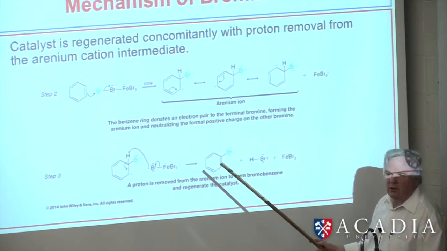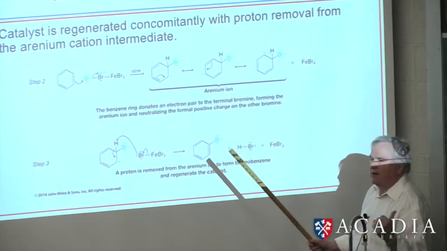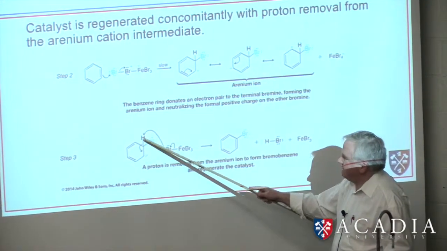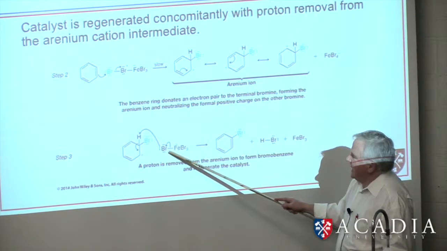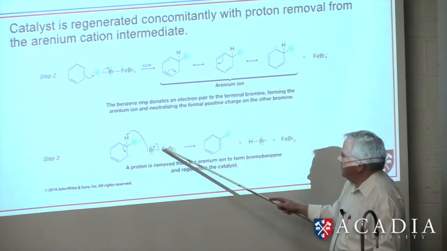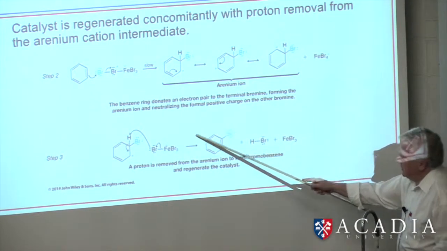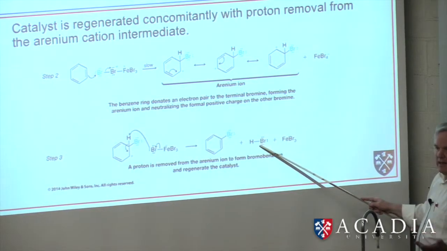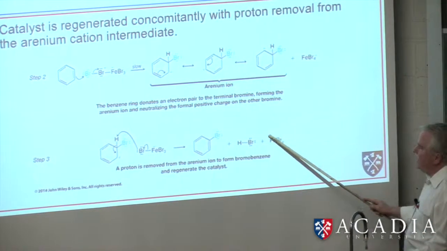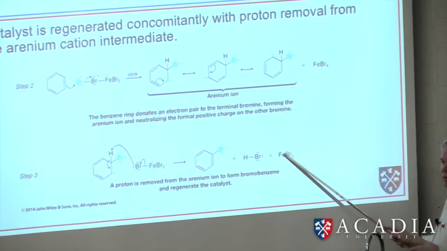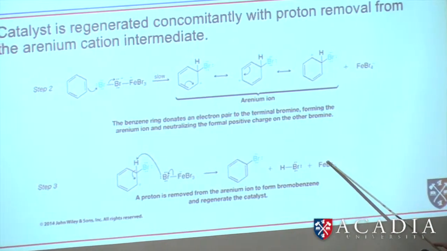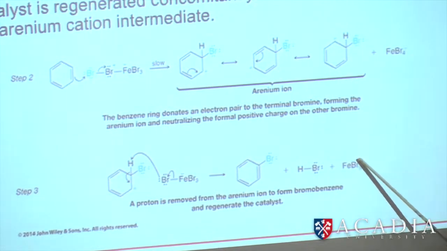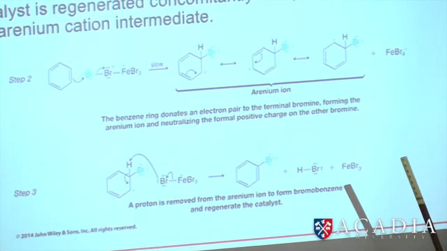That gives us an additional reason for it to go forward rather than backwards. So now the lone pair of electrons on the bromine pulls off that proton. This re-aromatizes. At the same time, you break that iron-bromine bond, and you end up with your substituted aromatic, your inorganic halic acid, and you reform the catalyst. This catalyst is now available to go on and do more work. Okay? So catalysts are very good workhorses. We don't need a stoichiometric amount of this because it goes back. We only need a small amount.